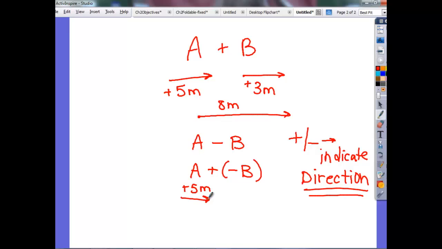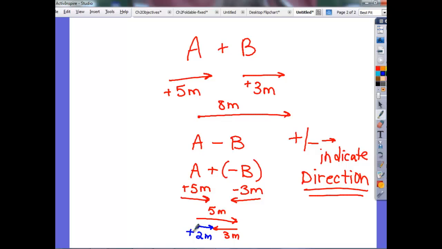So instead of being 3 meters positive, a negative B would be negative 3 meters. And then I just go about adding them like we had in the previous examples. So I have 5 meters, 3 meters. My resultant, I guess making it a different color would make it easier for you to see, is from the tail of the first to the tip of the last. It would be a positive 2 meters.